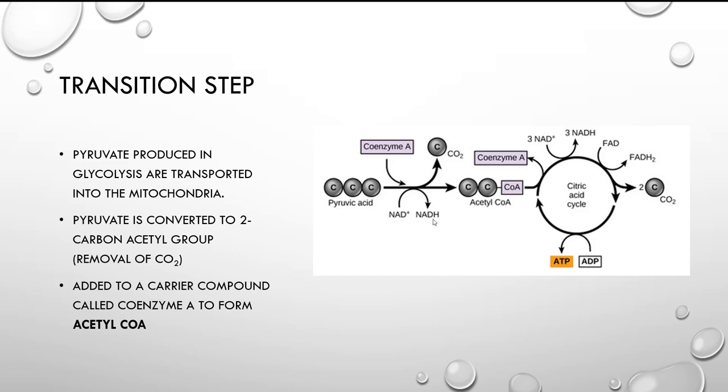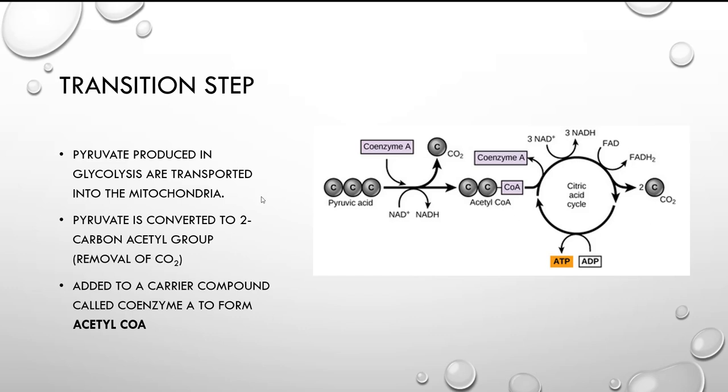Okay, and this is happening twice, right? Because we have 2 pyruvic acids or 2 pyruvates. So we end up with a total of 2 acetyl-CoA, 2 NADH, and 2 carbon dioxides. Okay, so those will be entering the citric acid cycle.